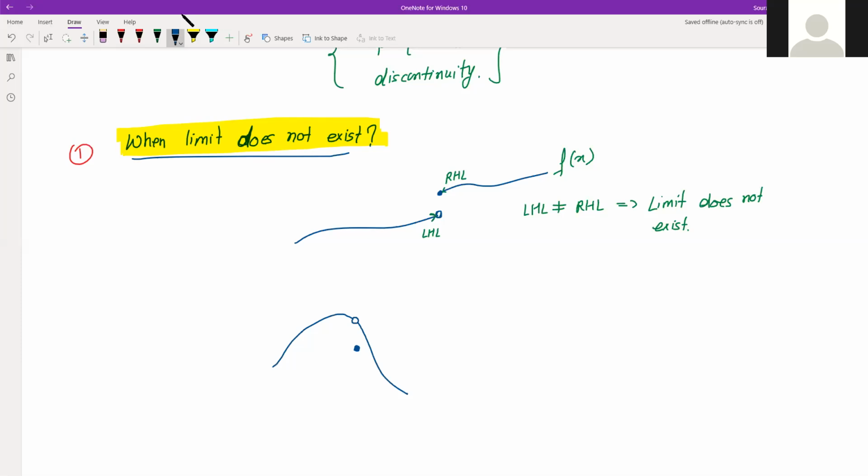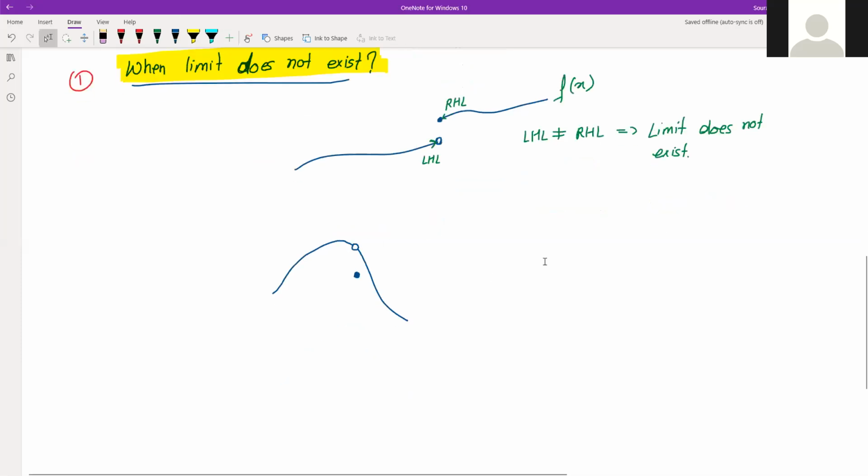Suppose a graph is like this. If I have to discuss this graph in terms of limit, what I see here is that the left hand limit is equal to the right hand limit. So I'll say that the limit exists, right? This is the left hand limit, this is the right hand limit, and both are approaching the same value. So that's why we say that the limit exists.